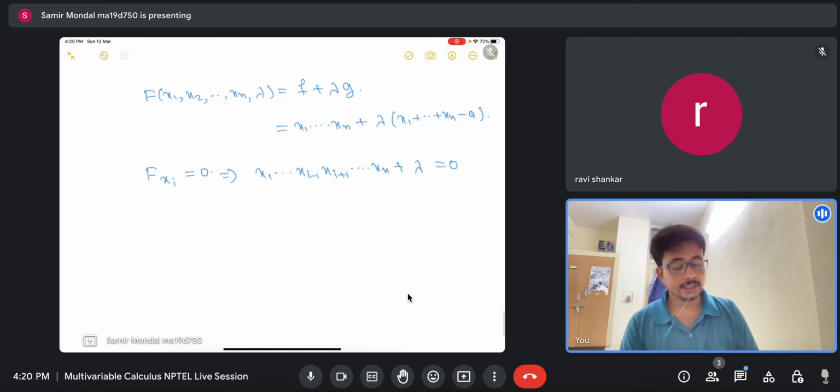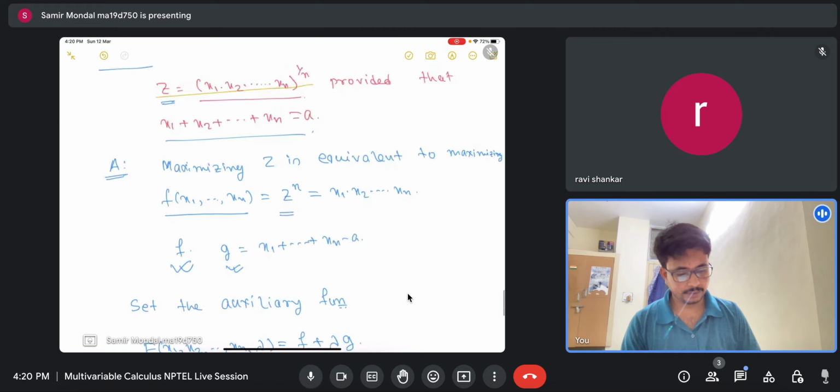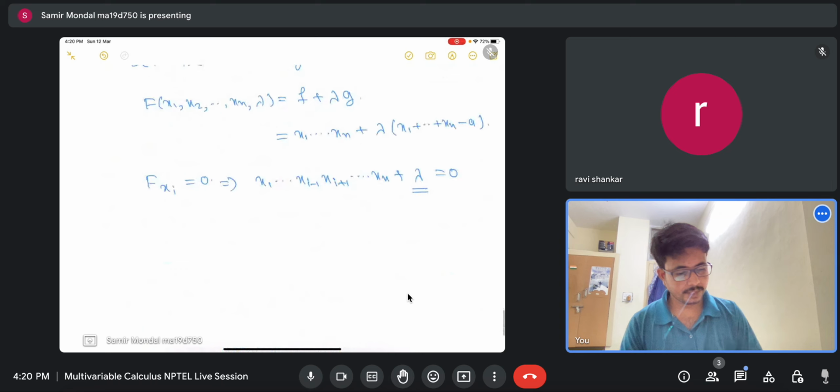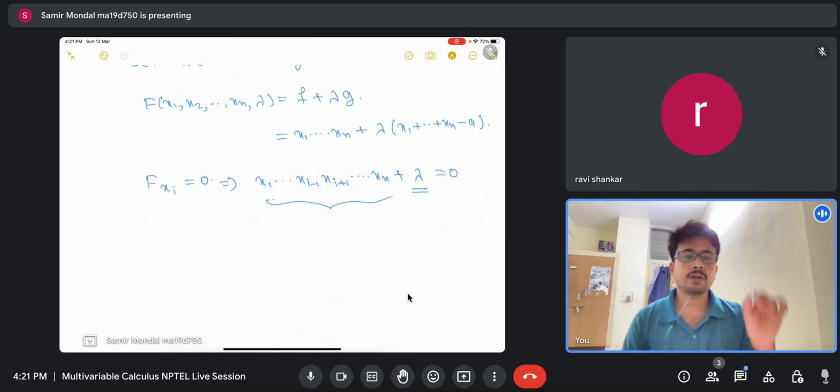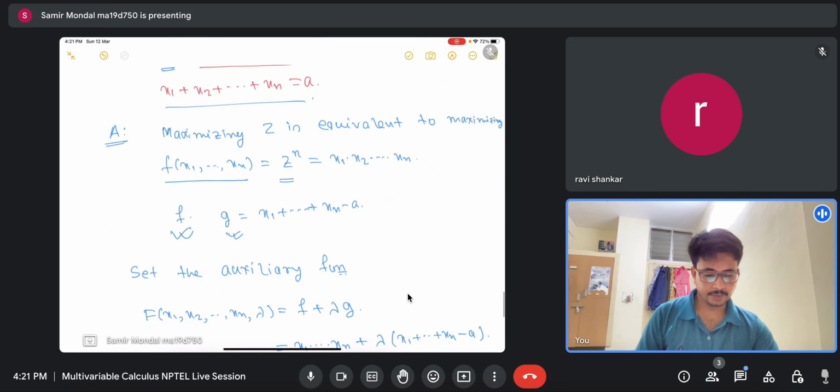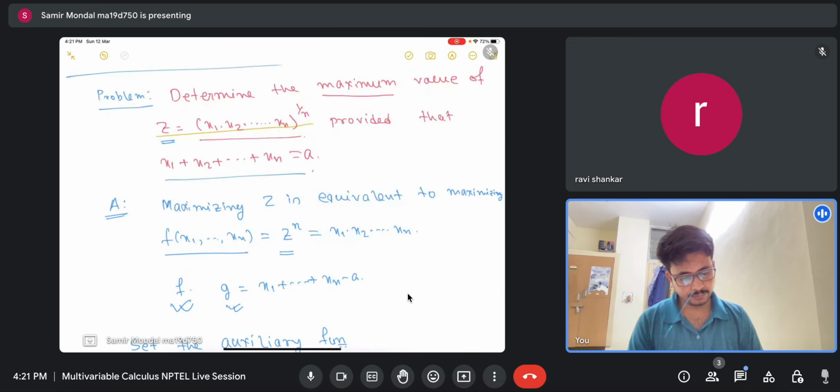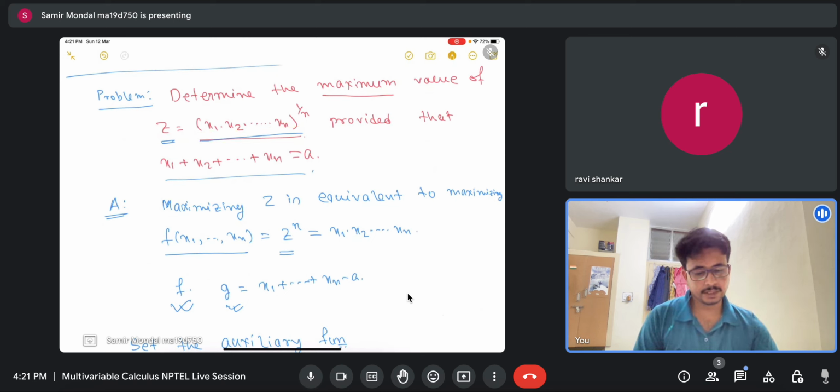Here lambda can't be 0, because if lambda is 0 then this full quantity will be 0, and there is no meaning of maximizing or minimizing this function; that would be true for a constant function.